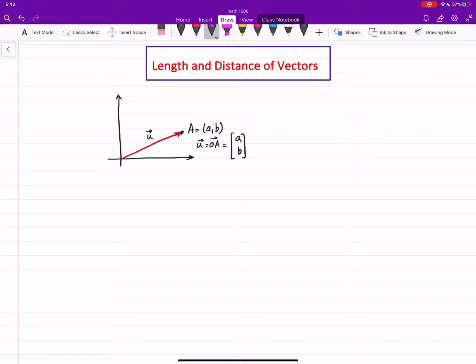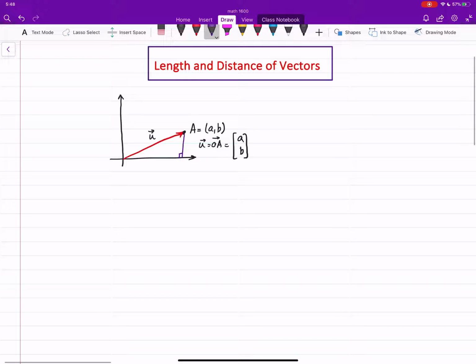If that's the case, now if I draw this right triangle, this part is the x component of A, which is the first component of the vector, and the length of this side is the second coordinate of A, which is the second component of the vector.